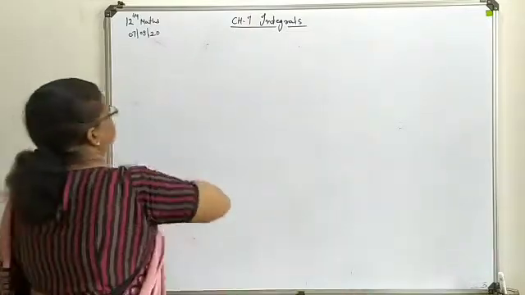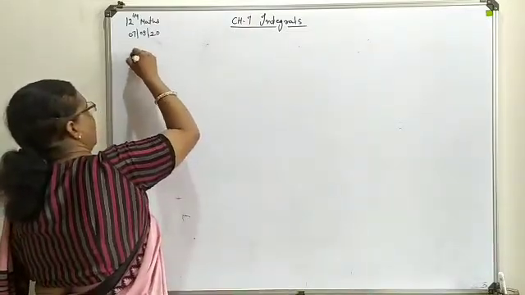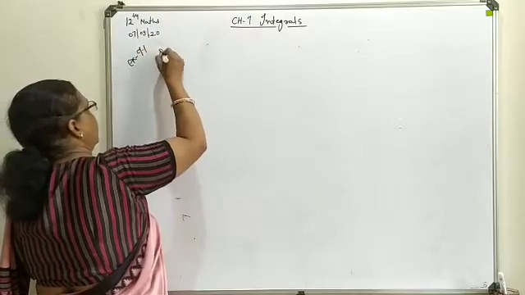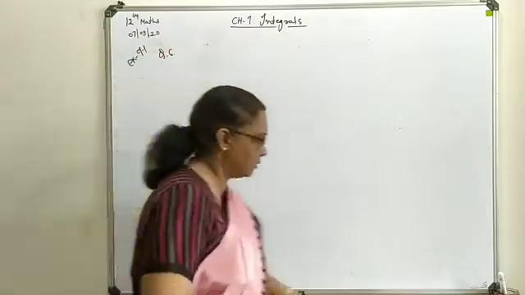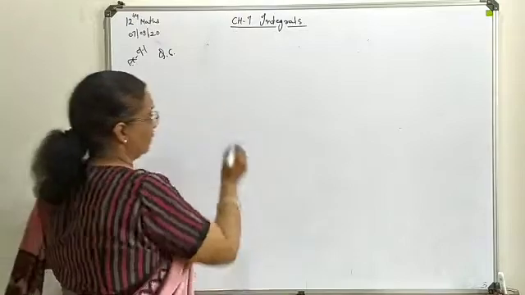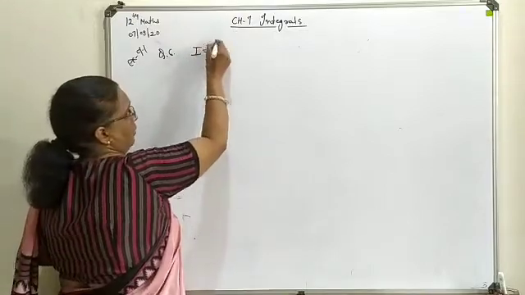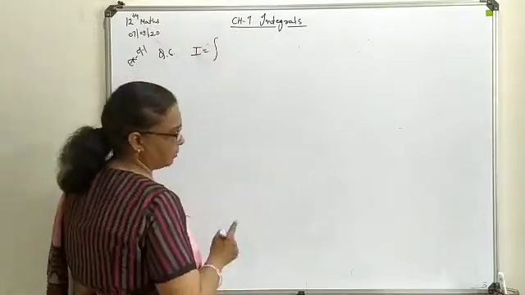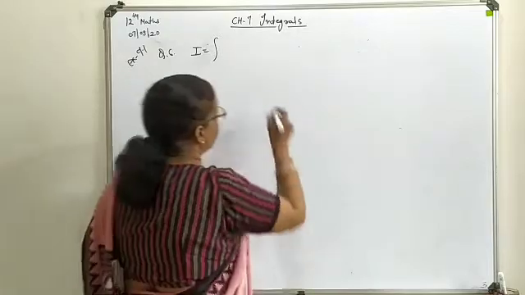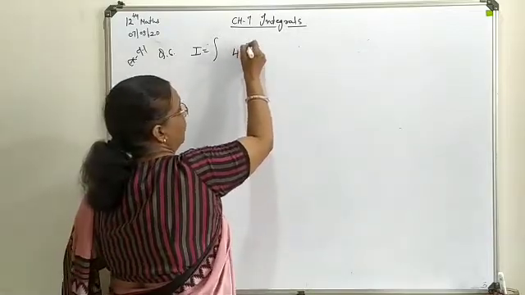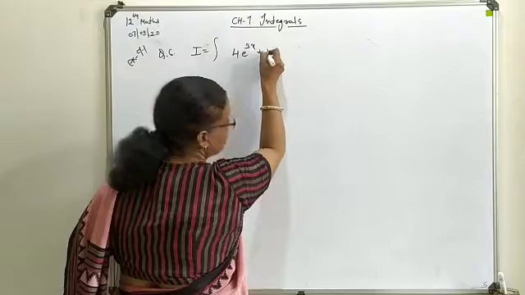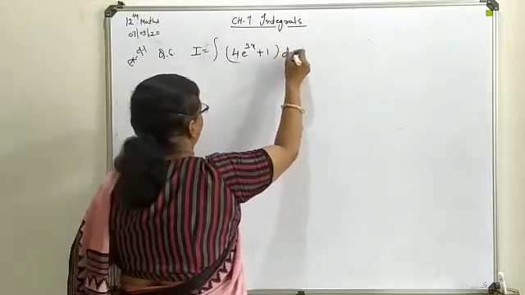Exercise 7.1, question number 6: normally the function for integration we represent by I, 4 e power 3x plus 1 dx.